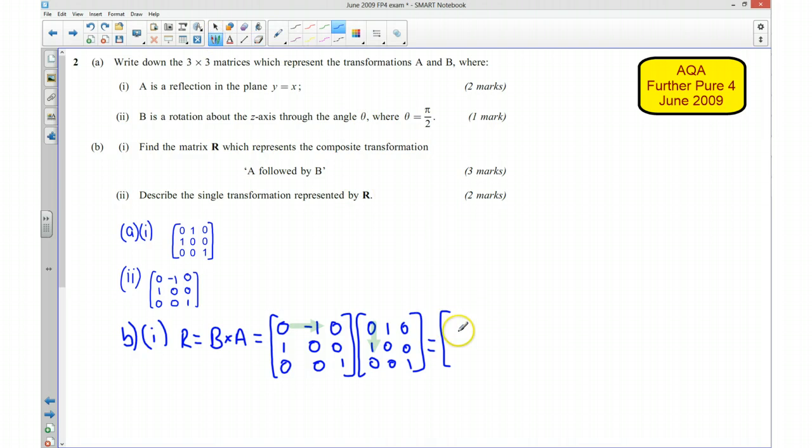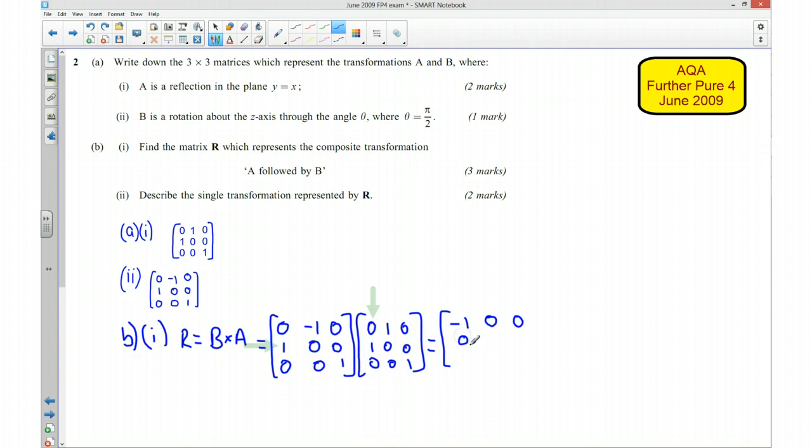The first one will be negative 1, and then I'm going to have row 1 column 2, and that's going to be 0, 0, 0, and then we've got row 1 column 3, and that's going to be 0, 0, 0 again, and then we've got row 2 column 1, so we're going to have 0, 0, 0 again.